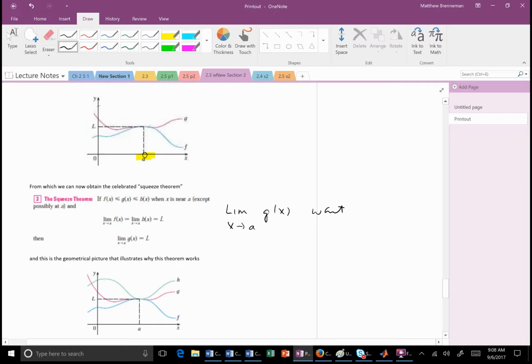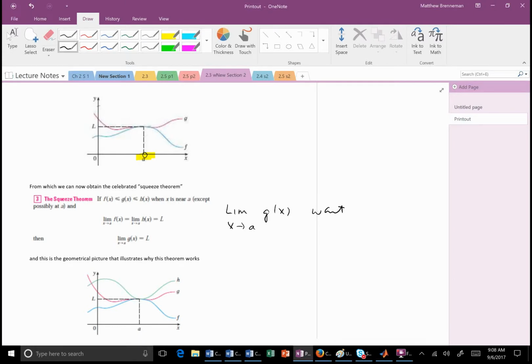And I know something about what's going on in a little interval around that point a. I know that there are two other functions called h and f. And h bounds g from above. In other words, the graph of h always lies above g. And g is also bounded below by f. So the graph of f is always below g.